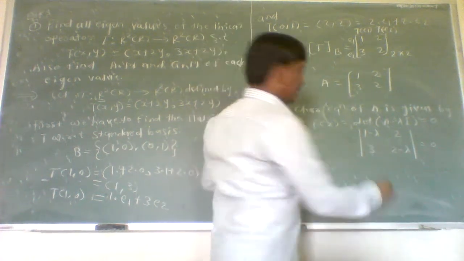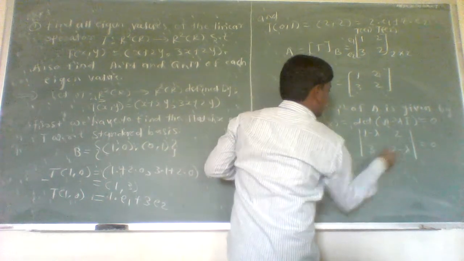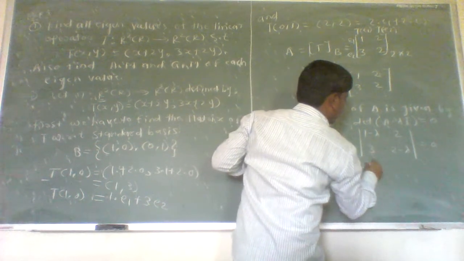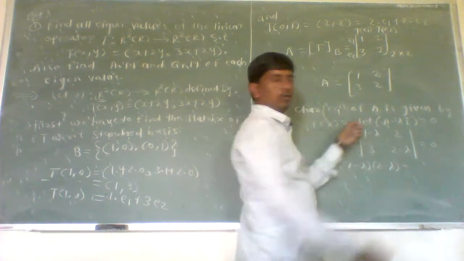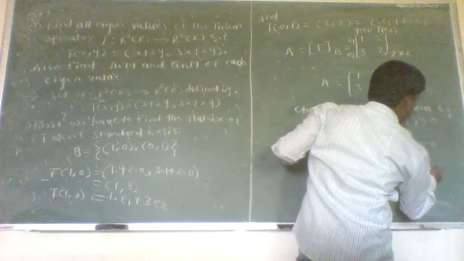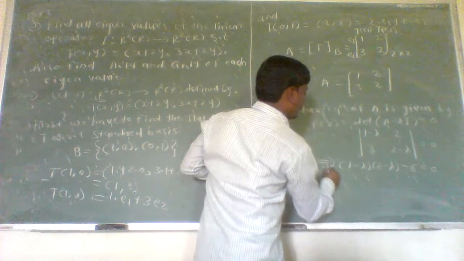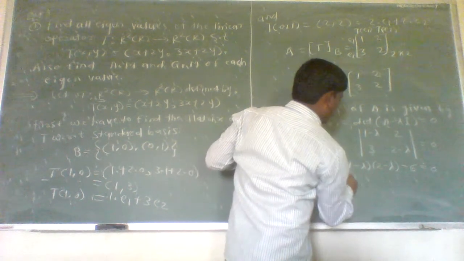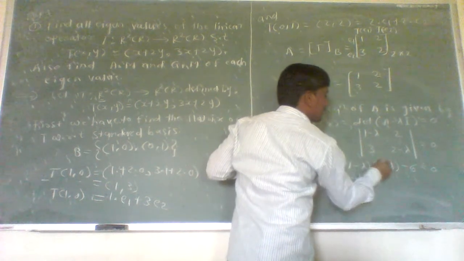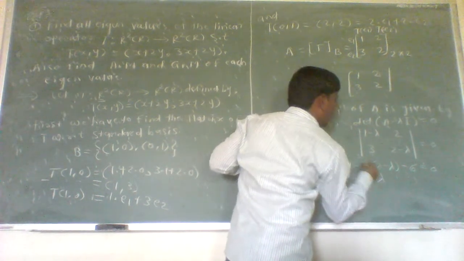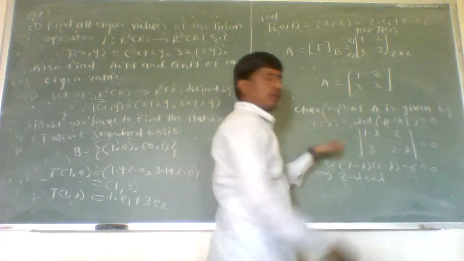This implies (1 minus lambda) into (2 minus lambda) minus 3 into 2, which is 6, equal to 0. Expanding: 1 into 2 is 2, 1 into minus lambda is minus lambda, minus lambda into 2 is minus 2 lambda, minus lambda into minus lambda is plus lambda square.